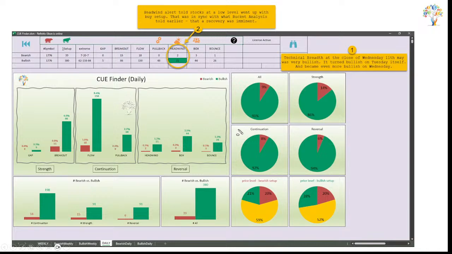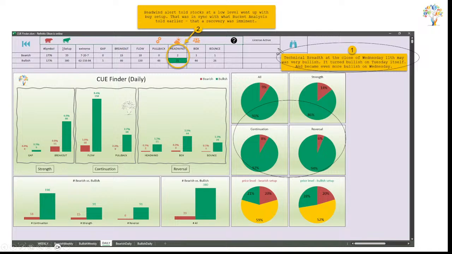On Tuesday itself, I showed technical breadth turned bullish, and this is as of Wednesday's close. When the sector industry breadth turned neutral, but Q Finder technical breadth turned even more bullish. So technical breadth was one step ahead of bucket analysis. Stocks were starting to go up before bucket analysis alerted that a recovery was imminent.